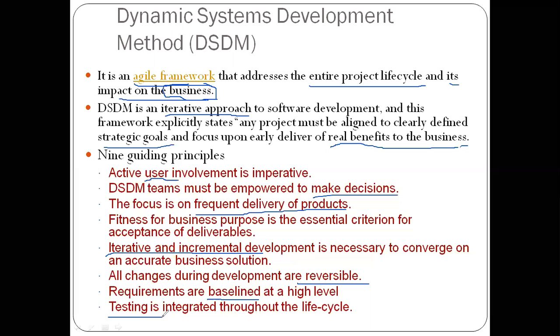Only by testing do we get a clear idea whether it is working according to the business goal, and whether it will fulfill the customer's requirements. To get that status we must test any product. This is the ninth principle of DSDM. Clear?